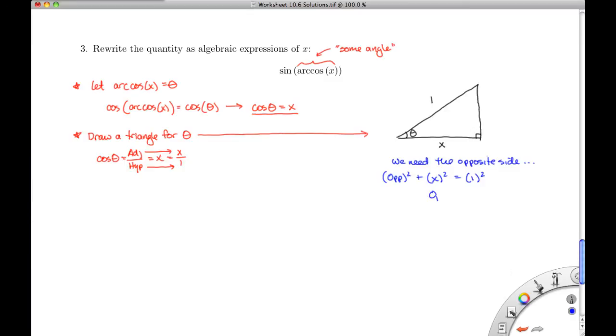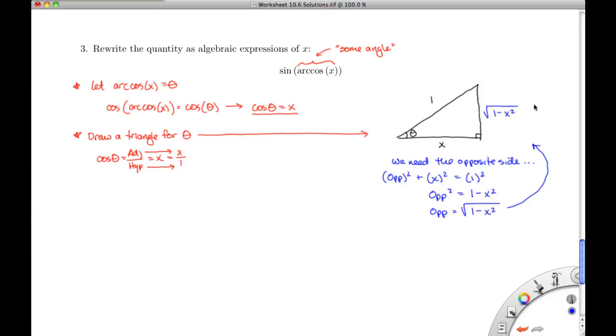So this tells us that the opposite side squared is going to be equal to 1 minus x squared, or that our opposite side will be equal to the square root of 1 minus x squared. So now we can fill that in up here, and we've got the square root of 1 minus x squared.